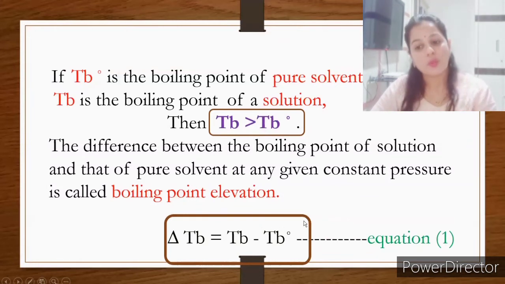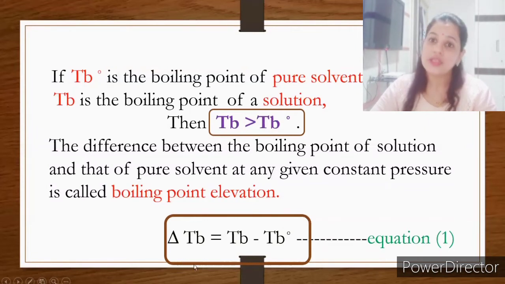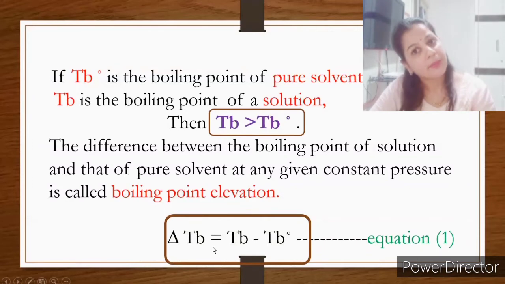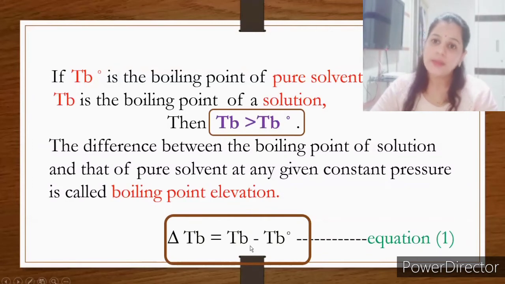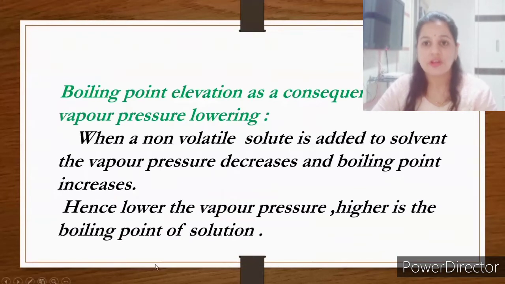The difference between the boiling point of the solution and that of the pure solvent at any given constant pressure is called boiling point elevation, which is generally denoted as delta Tb. So delta Tb is equal to Tb minus Tb naught.